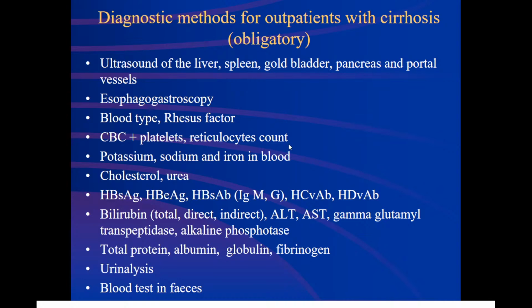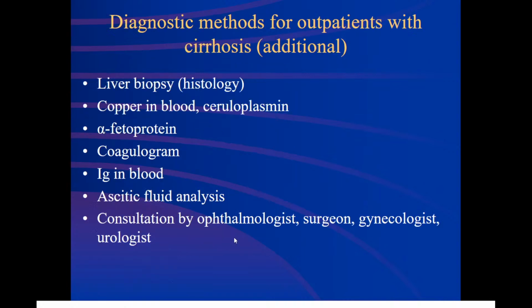CBC and reticulocytes at the same time with CBC, potassium, sodium, and iron in blood, cholesterol, urea, a lot of antigens, bilirubin, ALT, AST, gamma-glutamyl transpeptidase, alkaline phosphatase, total protein, albumin, globulin, fibrinogen, urinalysis, and blood test in feces because there can be bleeding in the gastrointestinal tract from hemorrhoidal veins and from esophageal veins. Nearly the same methods as for hepatitis, but a more broad spectrum.